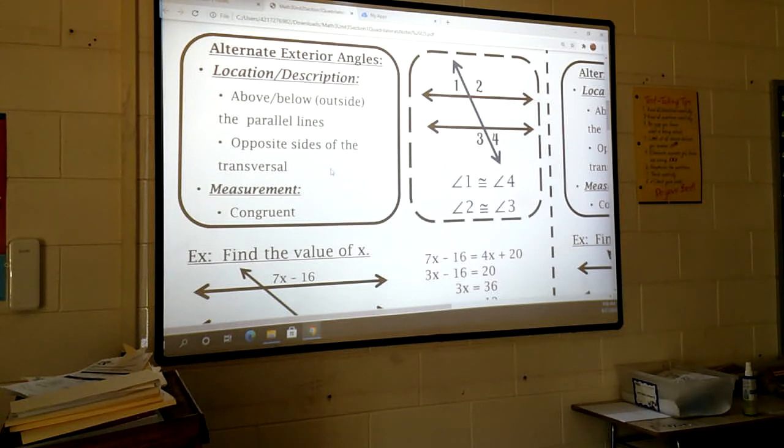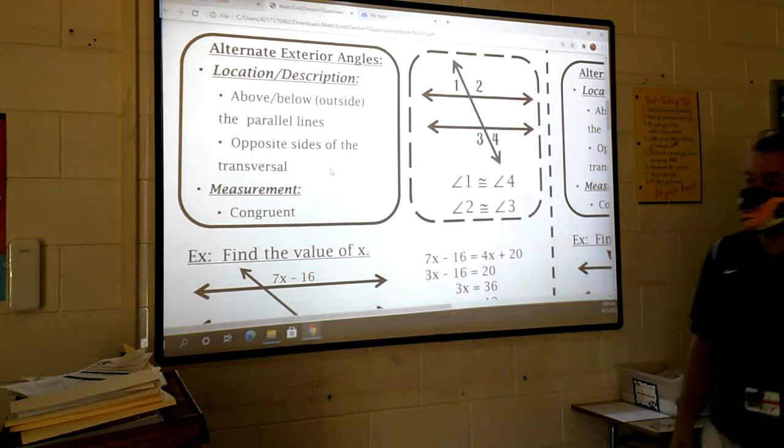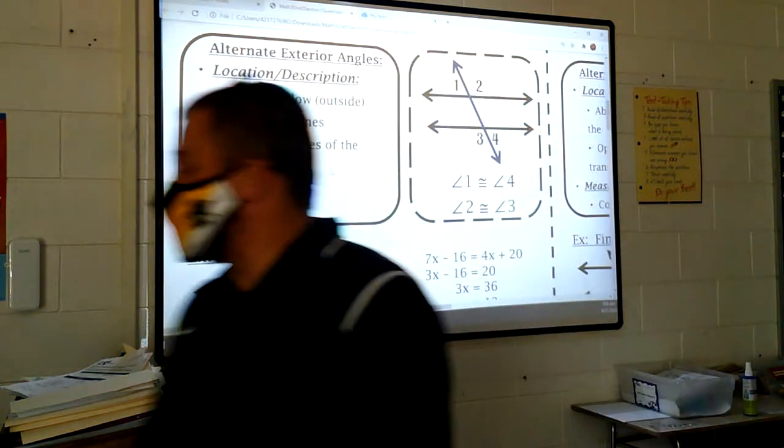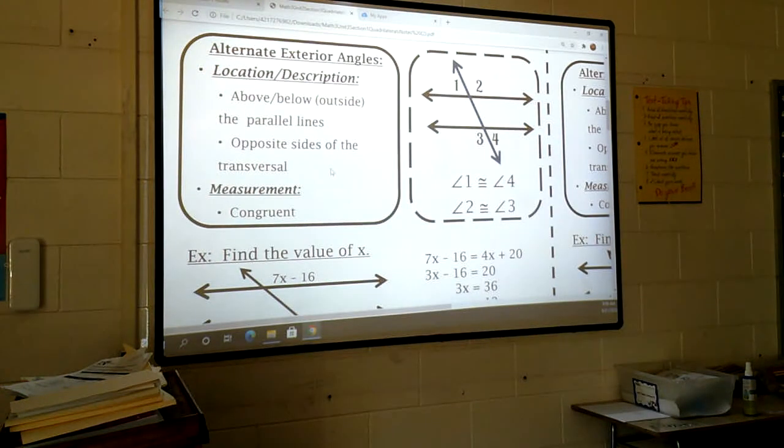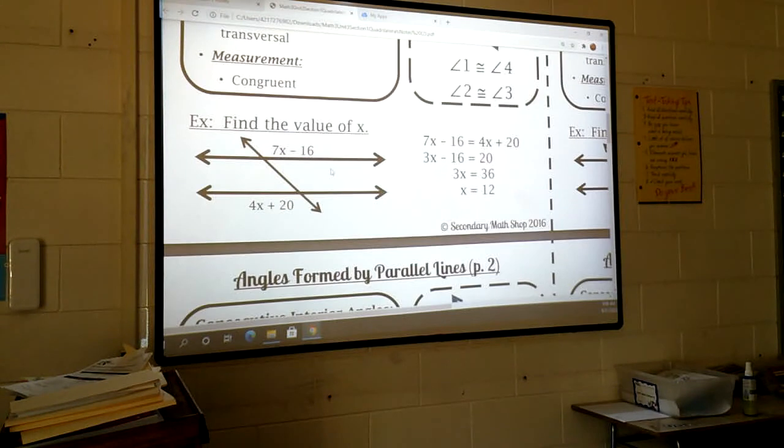And they are congruent. So again, if you know angle 1 in the top left, you know angle 4 in the bottom right. If you know angle 2 in the top right, you know angle 3 in the bottom left. The same thing can be true with the alternate exterior angles. They can be set equal to each other. So 7x minus 16 equals 4x plus 20.